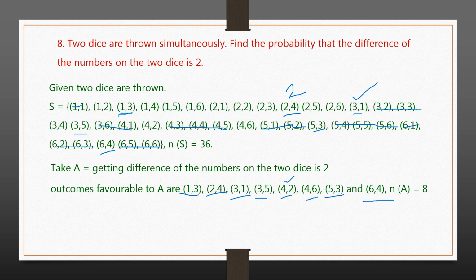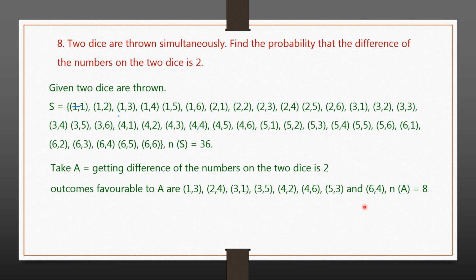Therefore, here the condition for A is given as the difference of the numbers on the two dice is equal to 2. Now the favorable outcomes to A from the sample space are 1 3, 2 4, 3 1, 3 5, 4 2, 4 6, 5 3 and 6 4.